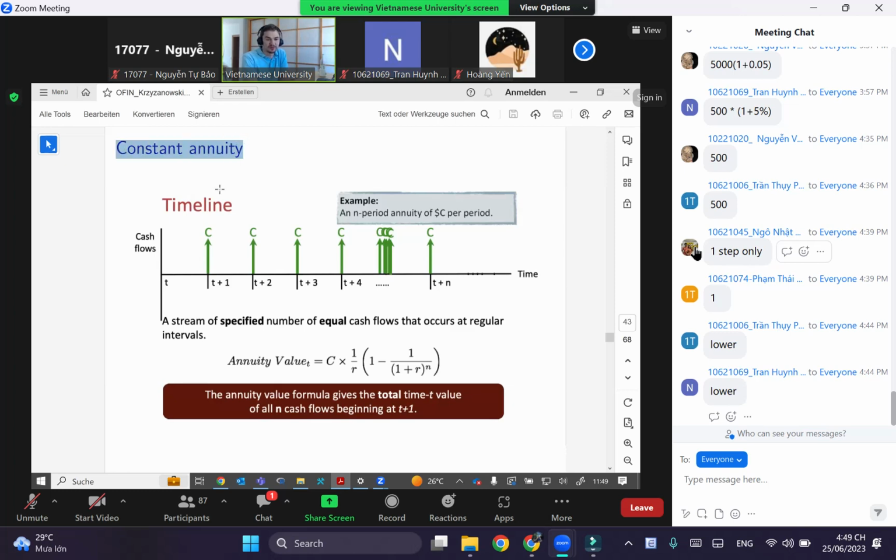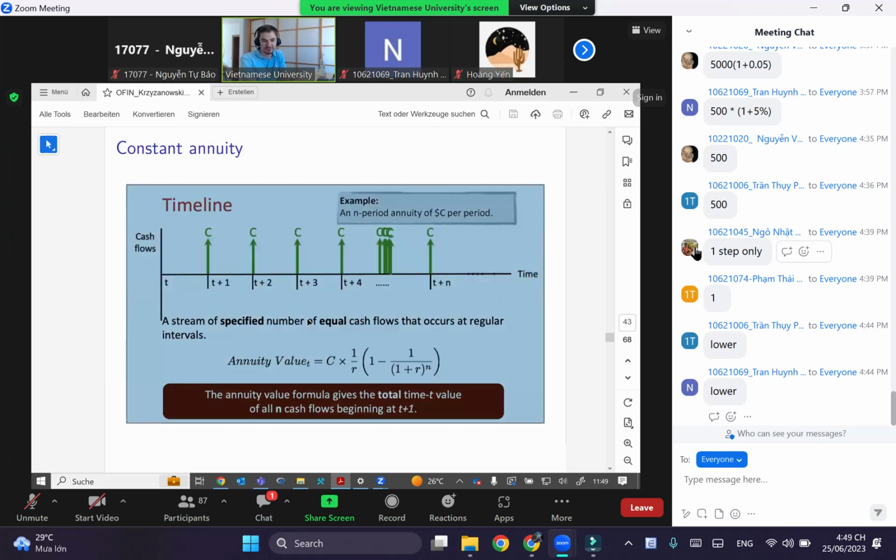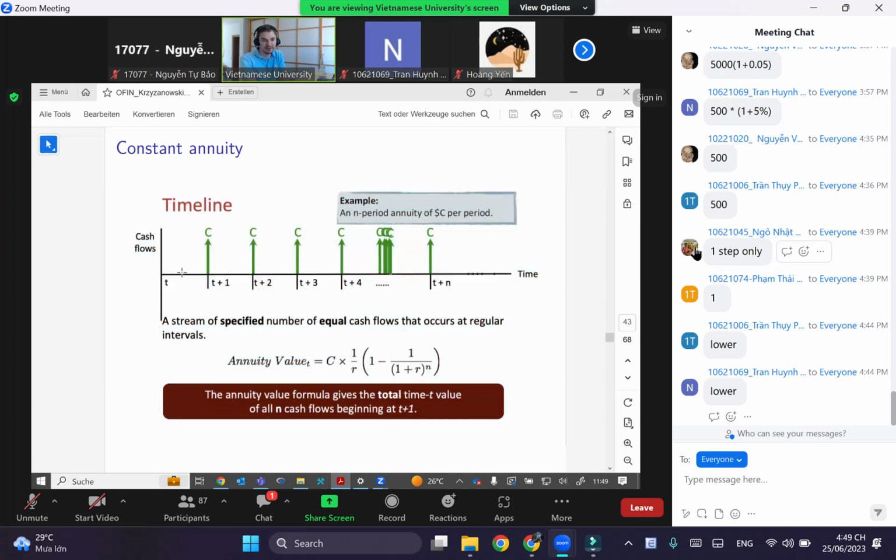One form of annuity is a constant annuity. And recall, here is our timeline. So we move to the right into the future as beforehand. We start at time t, and then t plus 1, t plus 2, t plus 3, t plus 4, up to t plus n. These are the time periods considered. Apparently, we start in time t and end in time t plus n.